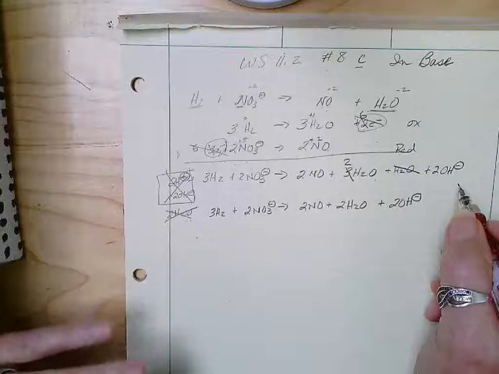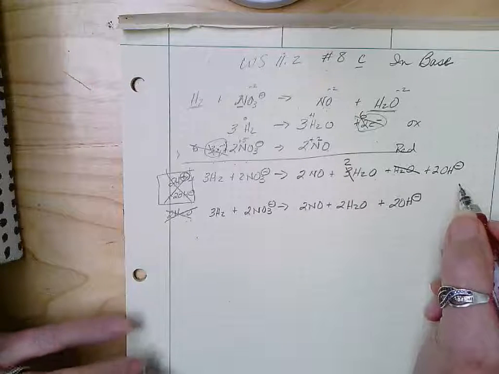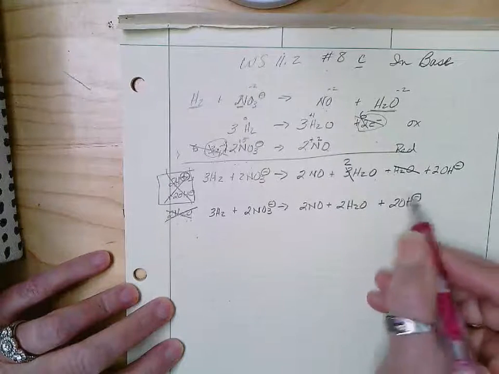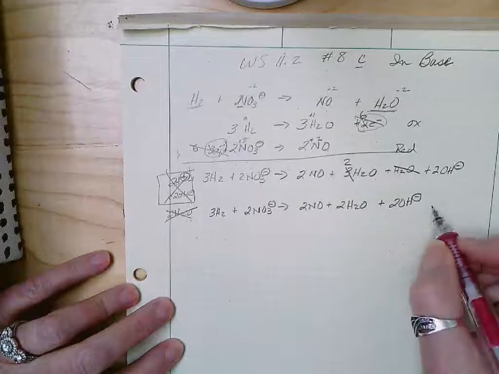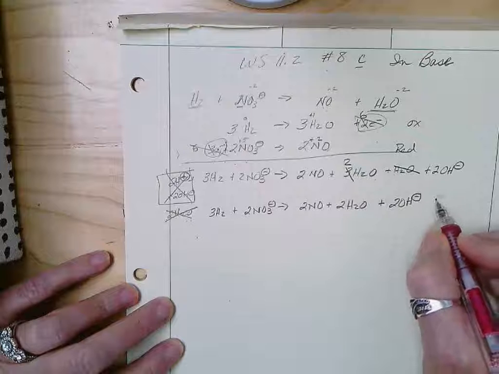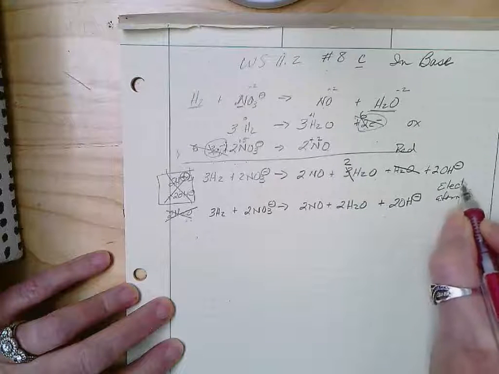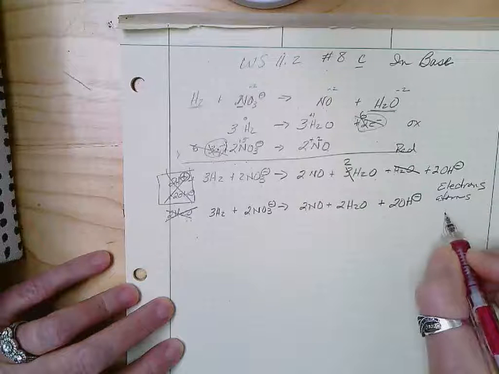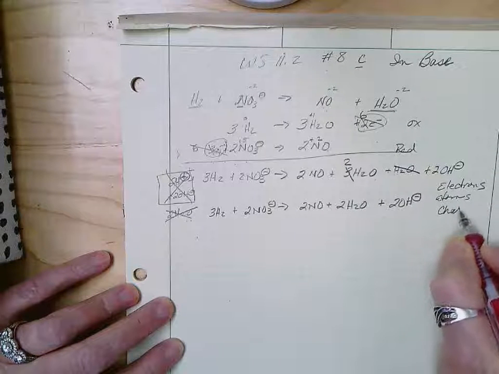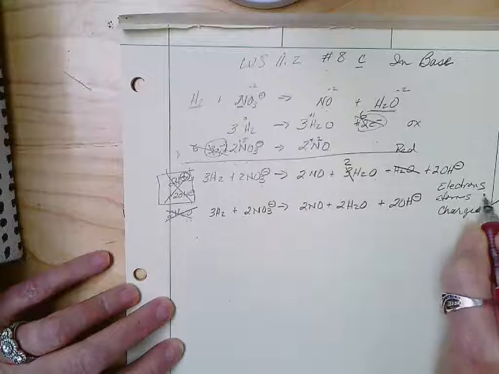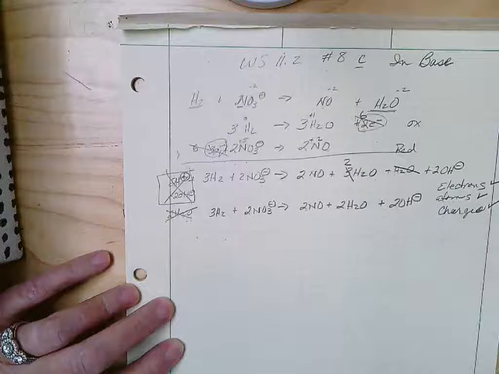And it's kind of a double check to make sure you didn't do something stupid. So here I have a -2 charge, and here I have a -2 charge, so I'm balanced for all my atoms. I balanced my electrons. And then I made sure the charges were matched. And so all of those 3 things are good. And so I have a balanced equation.